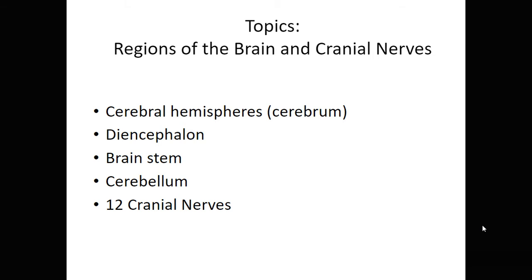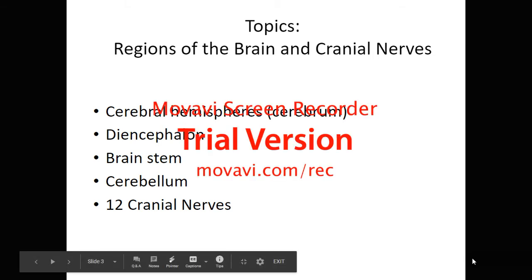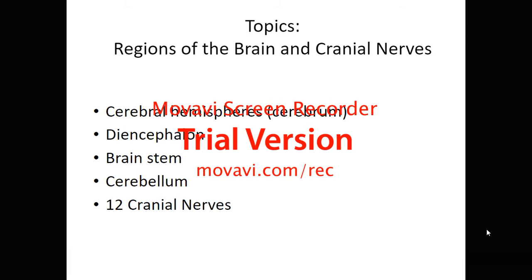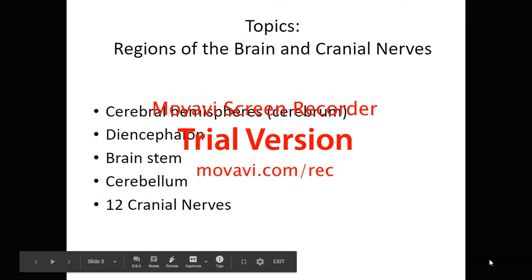The brainstem consists of the pons and medulla oblongata, and then we have the cerebellum, and then last we will talk about the location and function of the 12 cranial nerves.